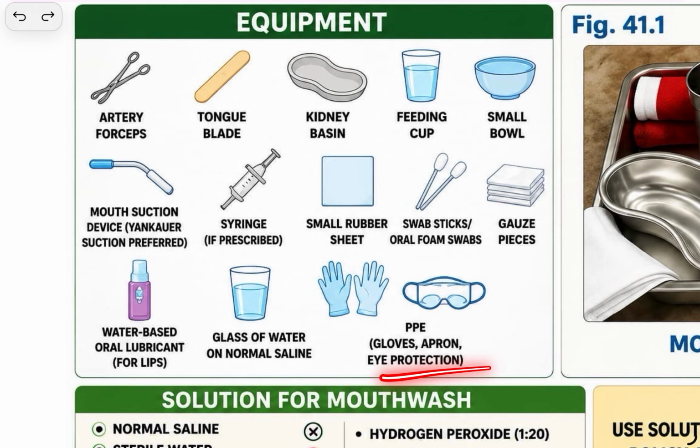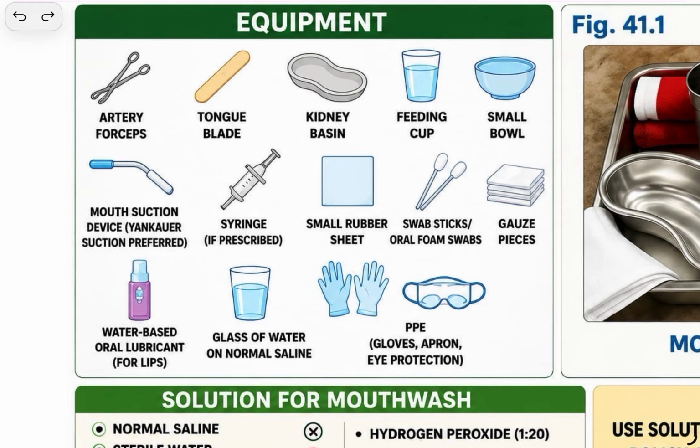And next one is PPE: gloves, apron and eye shield or foot cover. Which ones are needed, you can use according to the patient's condition. If the patient is COVID, that time you should use the PPE. If the patient is highly contagious, that time also you should use the PPE.